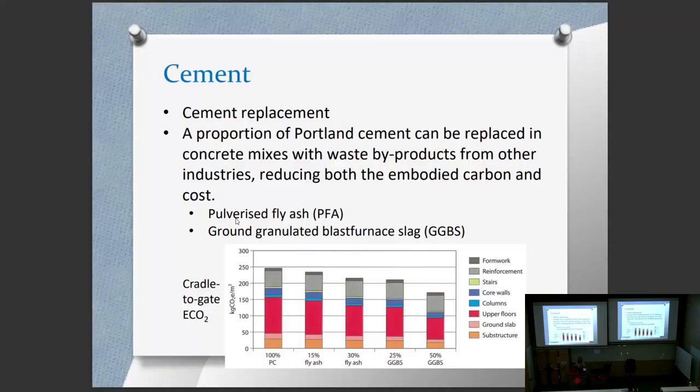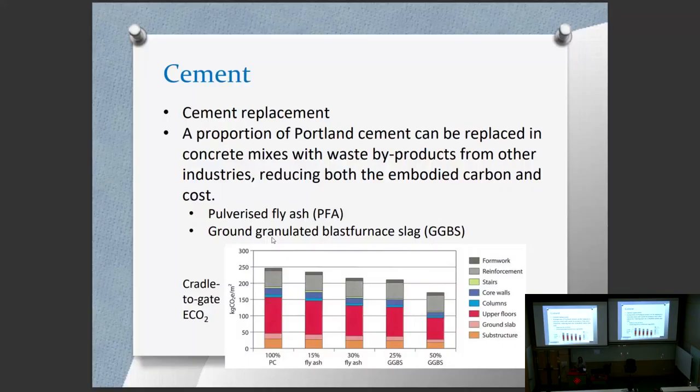So for some power plants, for generating electricity, they may burn coal, the fossil fuel. And the byproduct is this kind of fly ash. And we may use this fly ash and mix it with some Portland cement in order to reduce the carbon emissions. And we may also use GGBS, which is ground granulated blast furnace slag.